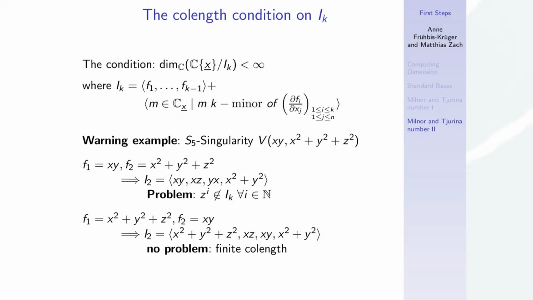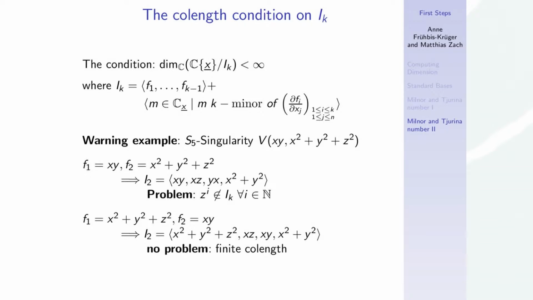But if we choose F1 and F2 differently, if we just exchange them in their roles, then we get a similar ideal, but it's x squared plus y squared plus z squared up front. Then we have xz, xy, and x squared plus y squared from the minors. Now, of course, x squared plus y squared cancels with the part up front.